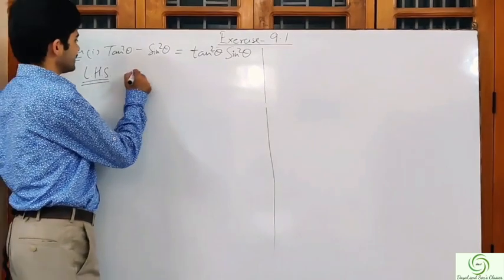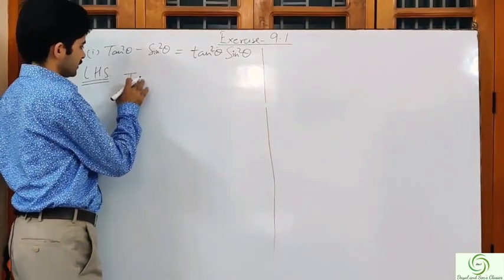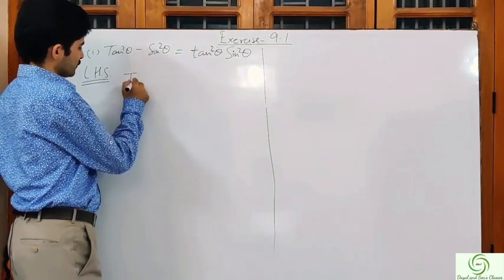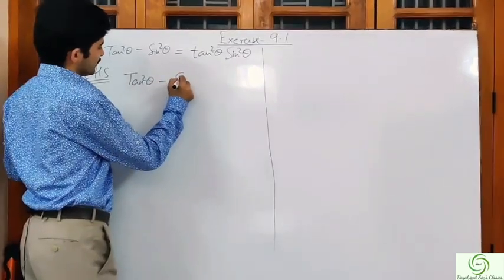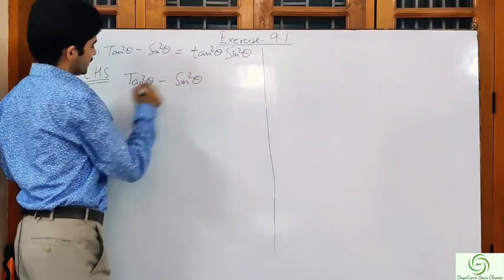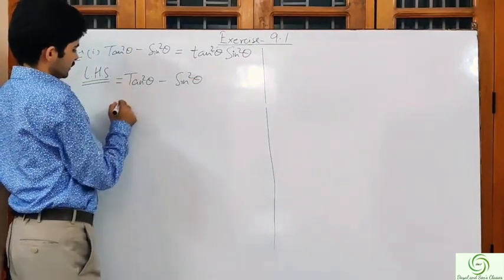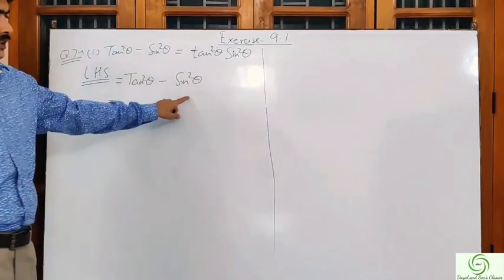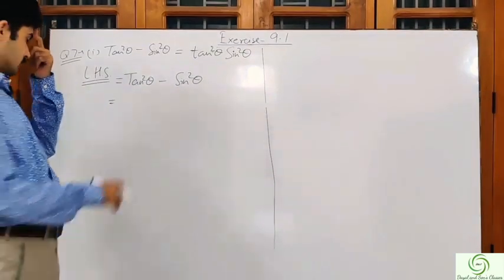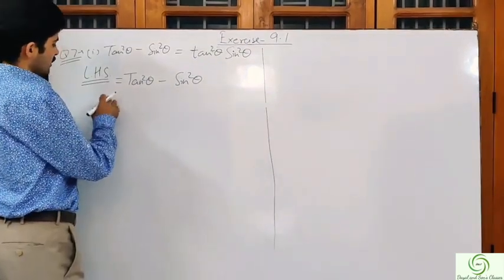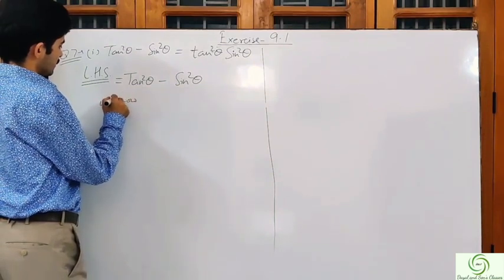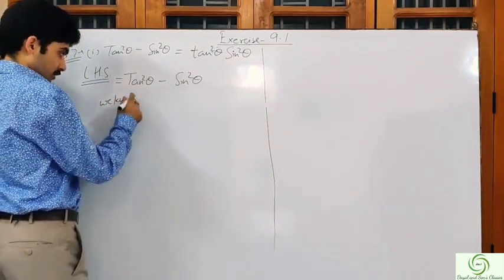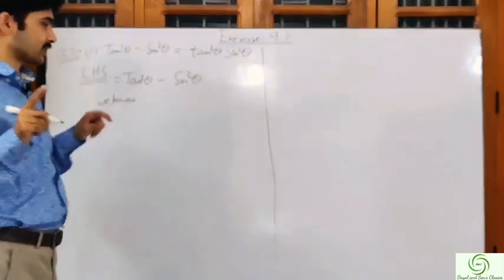The left hand side says tan square theta minus sin square theta is equal. Now, what do we know?